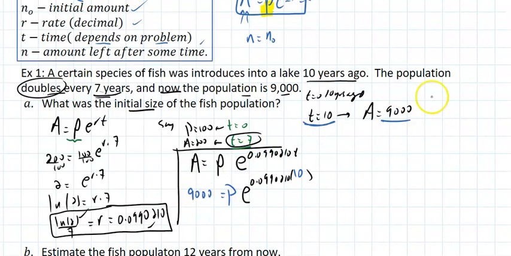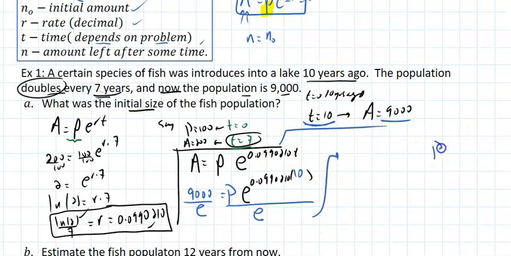And now I can solve for P, dividing both sides by this exponential, and I'll get the initial population to be 9,000 divided by e to the 0.0990210 times 10.